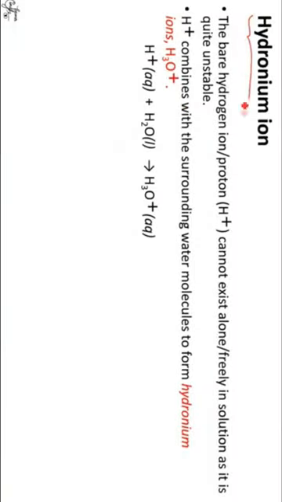Yes, the hydrogen ion or proton produced in the water is quite unstable, so it combines with the surrounding water molecules and forms the hydronium ion. H+ plus H2O gives H3O+. H3O+ is the hydronium ion.